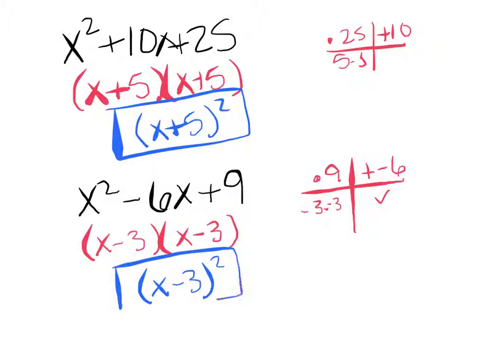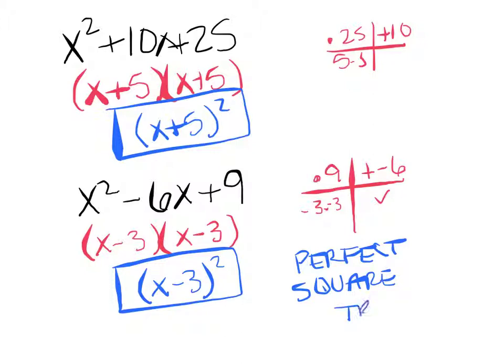This is what is known as a perfect square trinomial. A perfect square trinomial is when you have one factor multiplied by itself again. That gets you to your trinomial.